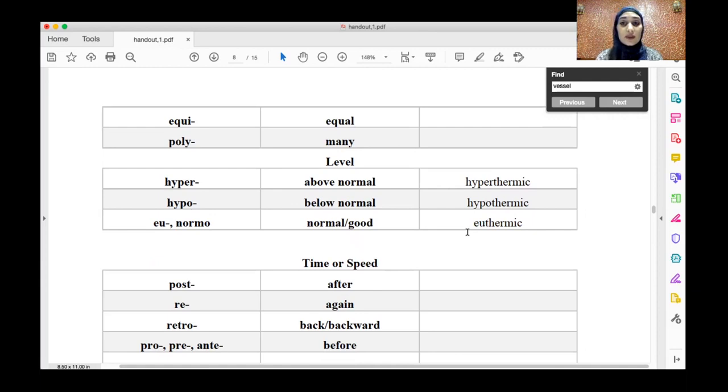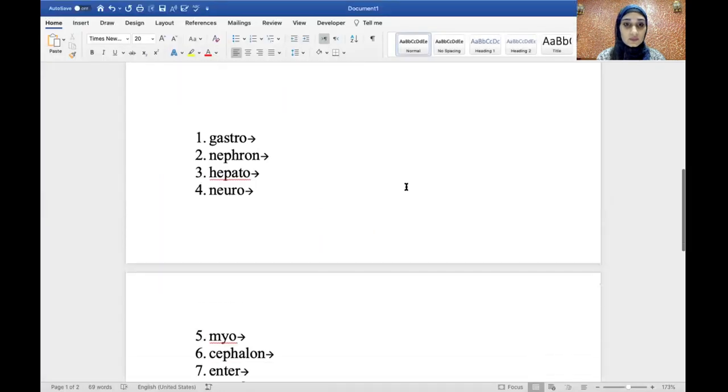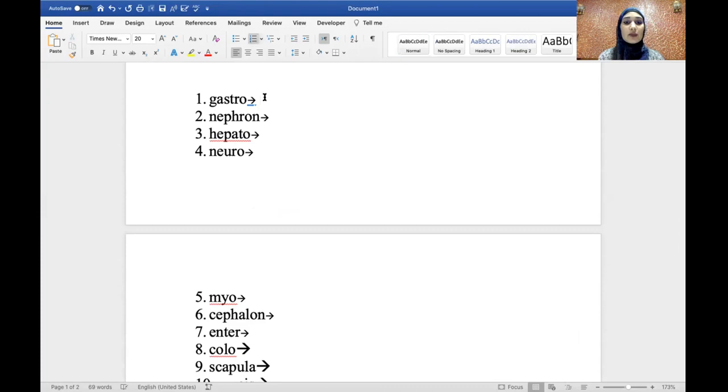Before continuing with the rest of the prefixes, let's look back and have a quick exercise over what we have taken until now. For example, we had the root gastro. What is the meaning of gastro?